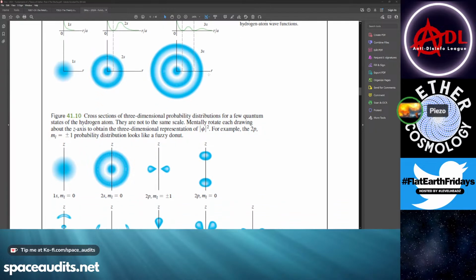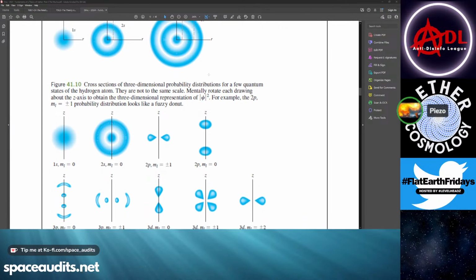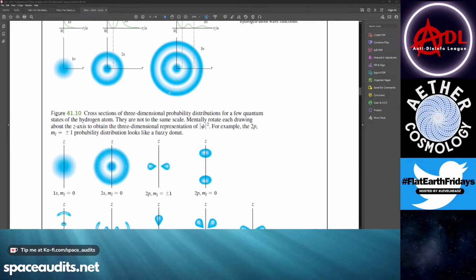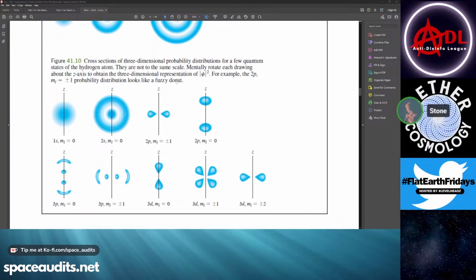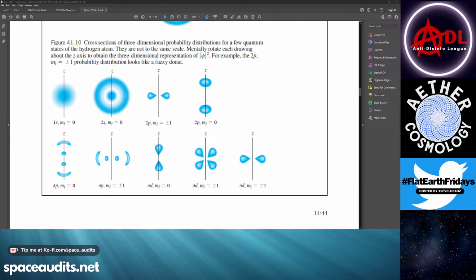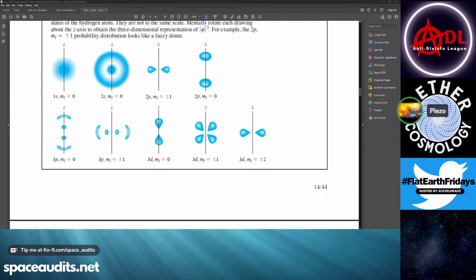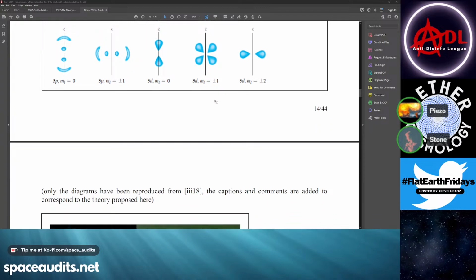And then cross sections. Okay, we get it. This is what it looks like. Okay, cool. That's where we think the electrons are hiding. If we could measure them, this is where we would find them, and this would be the distribution density of where we would find them, probabilistically. Okay. Cool. Donut.